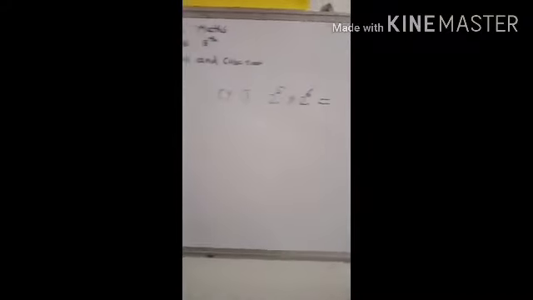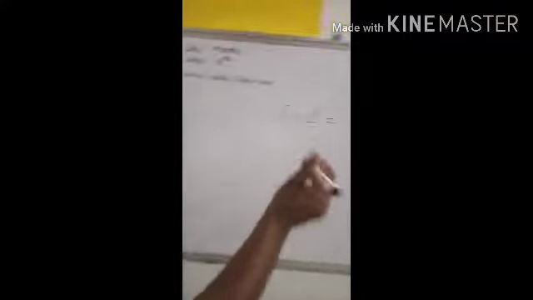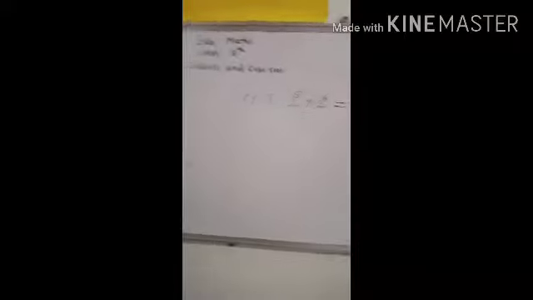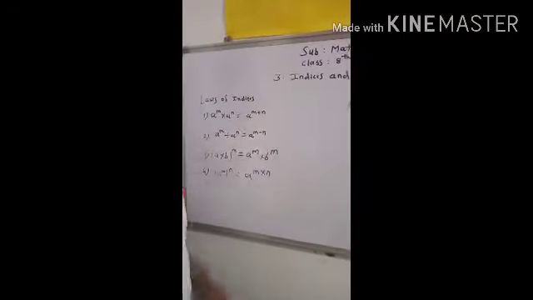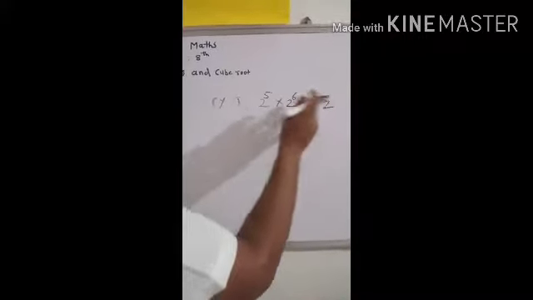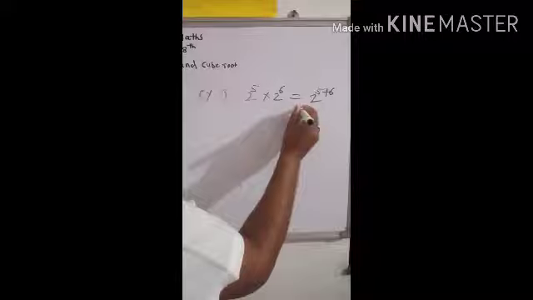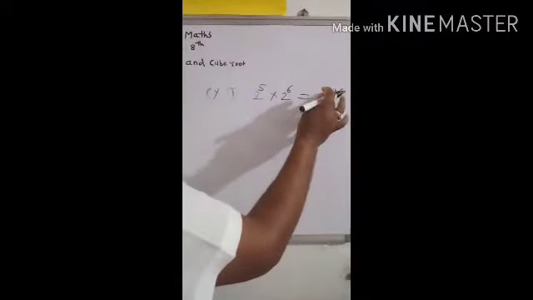What does the law say? We put the base here one time, so we will put base 2 here, and we add the indices, so we will add 5 plus 6. We will get the answer 2 to the power 11.